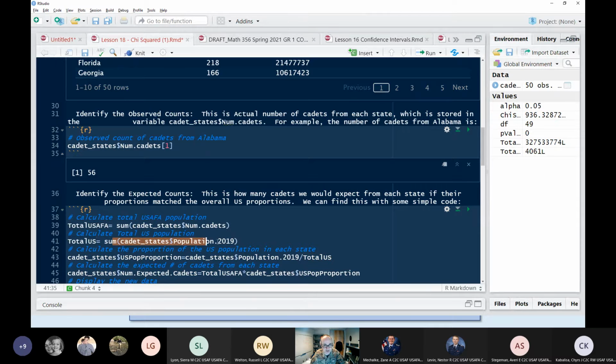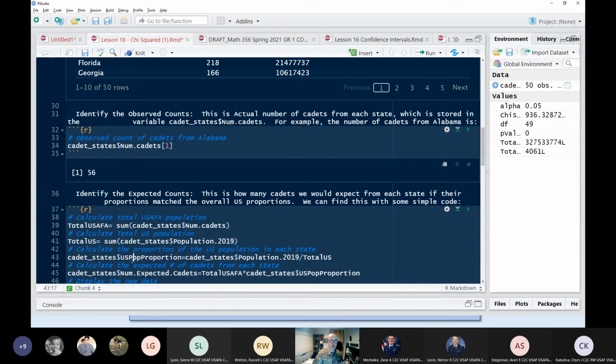Then I'm going to say, now I need to know the total US population. Same thing, but I'm just going to sum the US population column. And that is over here about 327 million, right? Now for each state, I need to know what proportion of the US population that state represents, right?